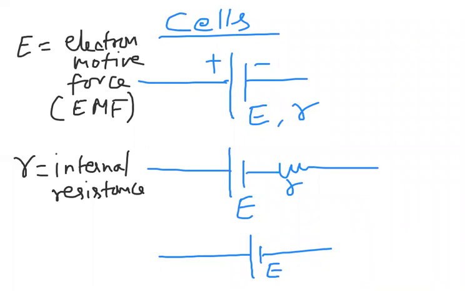So the opposition to the flow of current inside the cell is called internal resistance. Now what does electromotive force mean? Electromotive force means the work done in moving the charge outside the cell as well as inside the cell, that is called electromotive force.